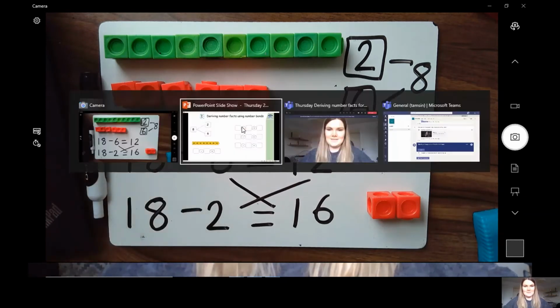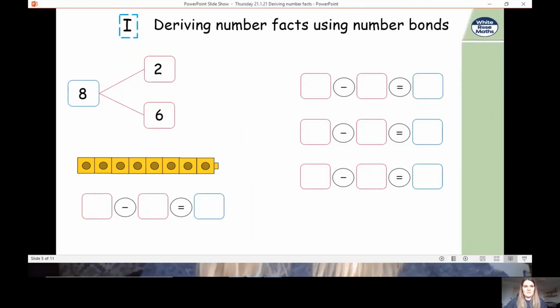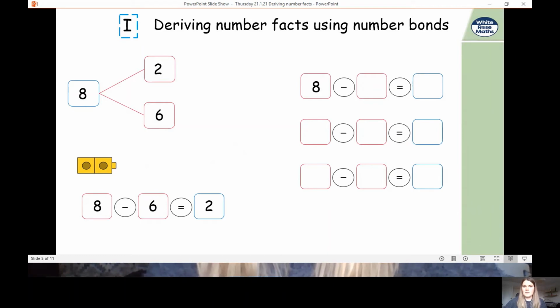10, 11, 12, 13, 14, 15, 16. Fantastic, it works. So we found that by using the number bond 2 and 6 makes 8, we can solve subtraction. We put in our 8 and we subtracted 6 and we got 2. We changed it around and we subtracted 2 from 8 and we got 6.